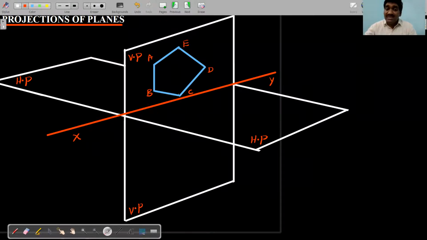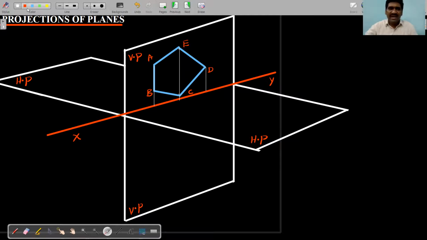But what is the position of this plane with respect to HP alone? Very simple, no need to learn anything by heart. Do one small thing: simply draw the projector lines, number 1, number 2, and number 3. If you observe carefully, these projector lines are perfectly perpendicular to the horizontal plane or not?